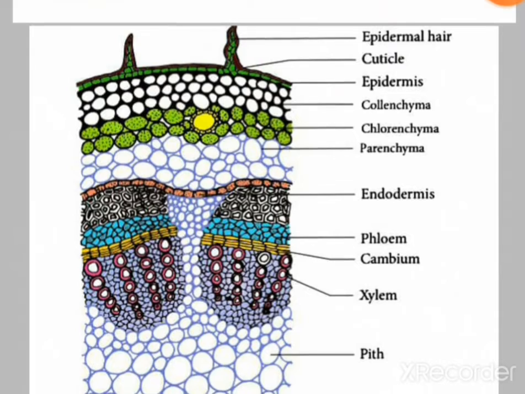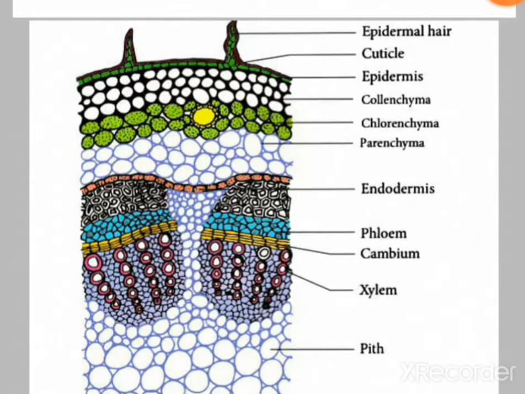For better understanding, let us watch the diagram. Below the epidermis, three different tissues form the cortex. So here the cortex is differentiated into collenchyma, chlorenchyma and parenchyma.